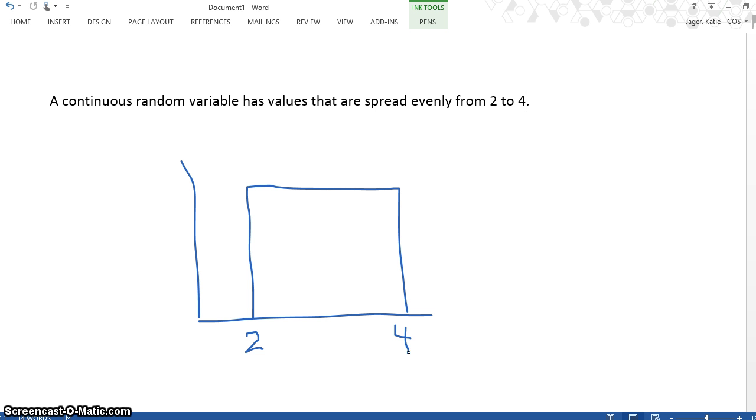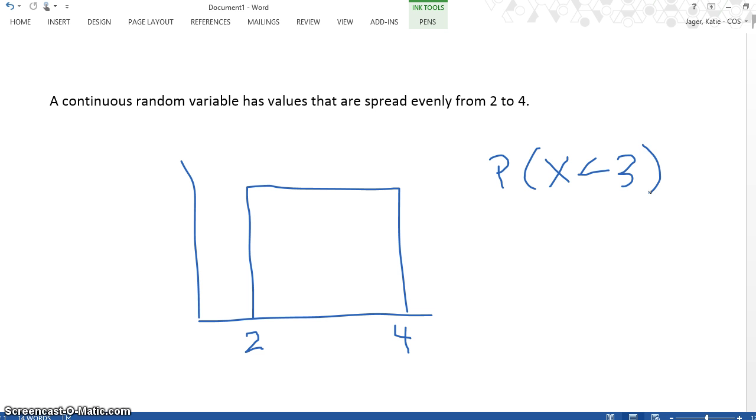Let's say we want to find the probability of our random variable being below 3. What is the probability that x is less than 3? There's a couple of ways you can do this, and it might seem intuitive.